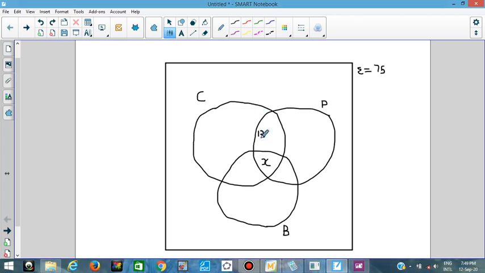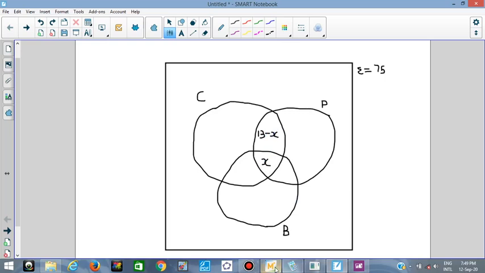So please take note of this place. Just pay attention and understand it very well. It's supposed to be 13 minus X because everybody in this place that did chemistry and physics, they are 13. But those that did only chemistry and physics are supposed to be in this place. They said those that did chemistry and physics are 13, so 13 minus those that did all the three gives you this place.